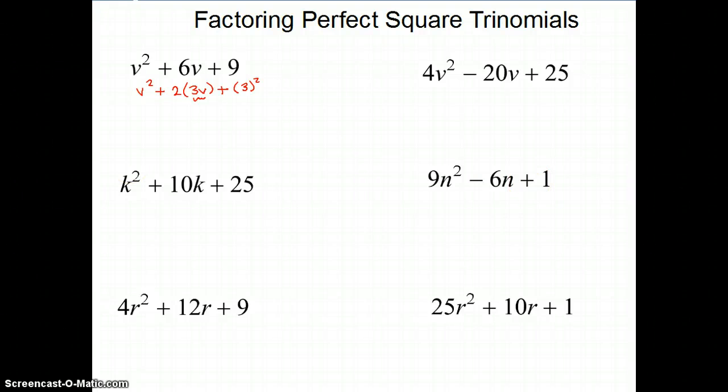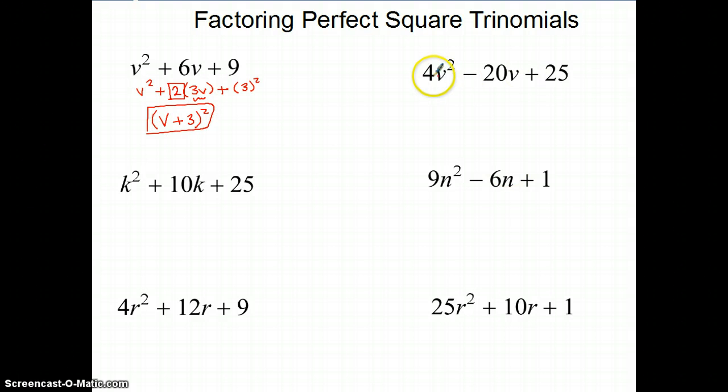So when I factor this out, what I'm going to get is v plus 3 all raised to the second power. Again, since this middle term is double, or 2 times the product of the bases of the first and the last term, this is a perfect square trinomial. So we can take a shortcut when we factor.